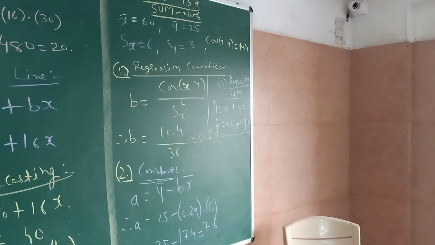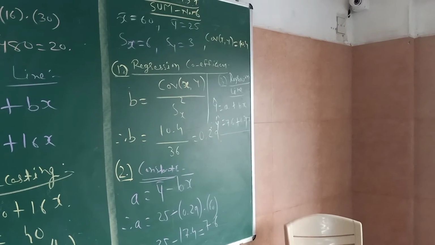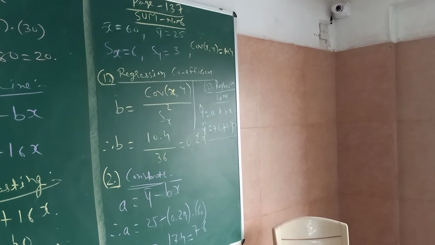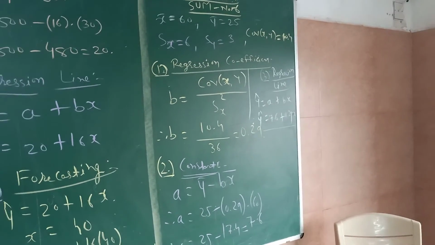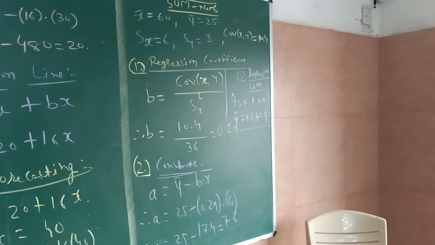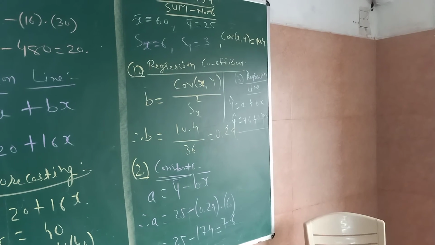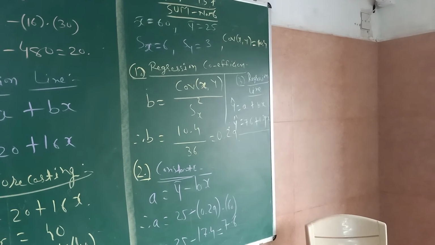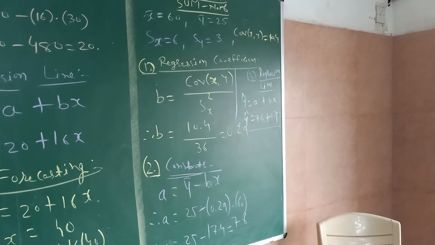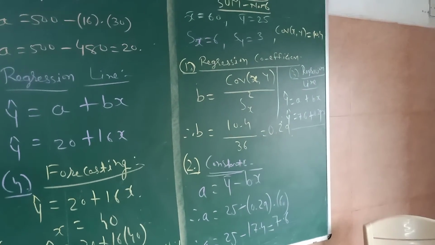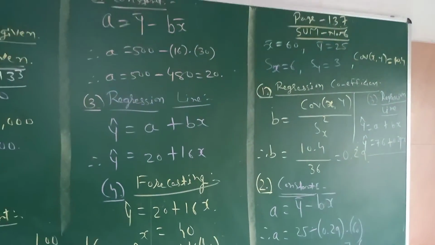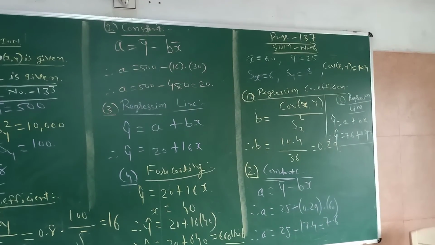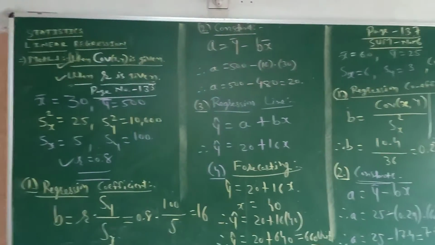Second step is constant, that is A, Y bar minus Bx bar. Third step is regression line, Y cap is A plus Bx. So students, when covariance xy or R, the correlation coefficient, is provided, we can directly put the values into the formula and get the answer easily.